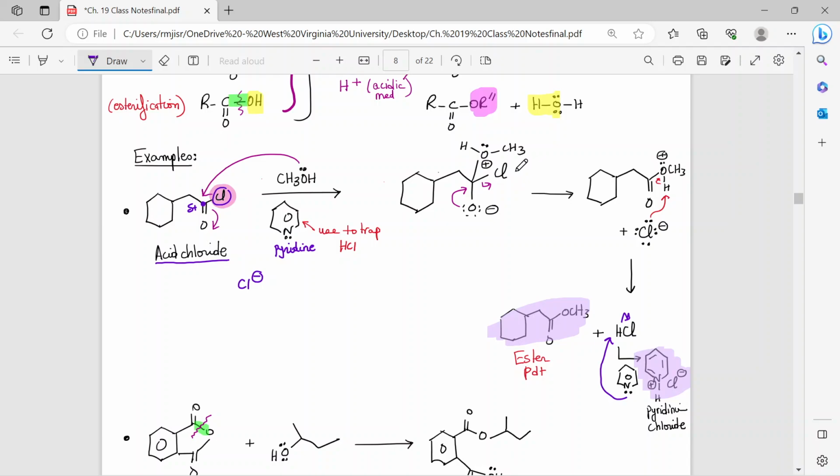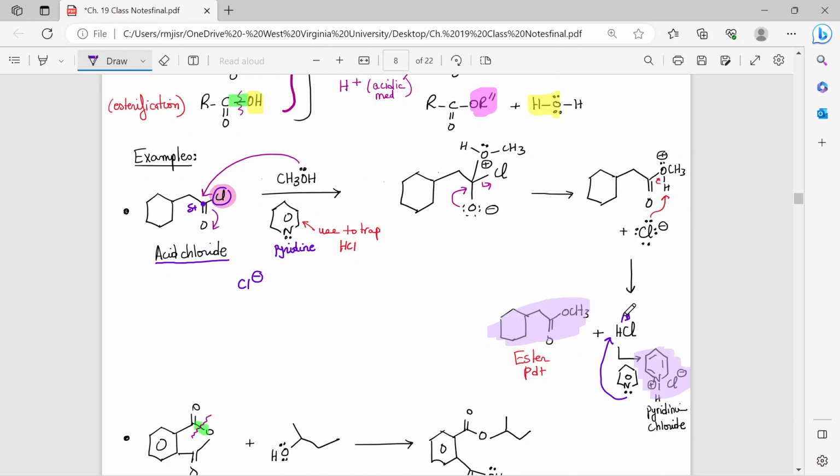Then any extra hydrogen in the solution, because remember that your product has to be neutral, is going to be picked up by any base in the solution. The base over here is the Cl minus, although this one is a weak base. By the way, it is not a strong base, but it can come and pick that hydrogen in there and make an HCl.